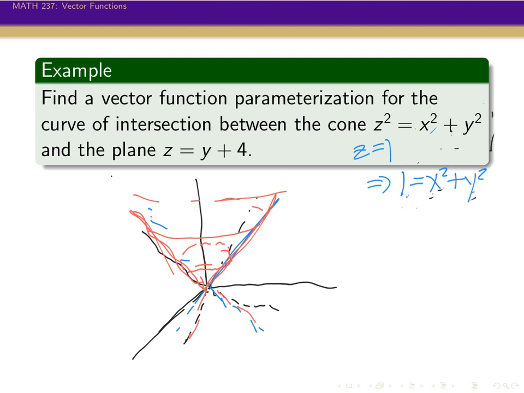Okay, so now for z equals y plus 4, that's drawing out on the yz plane a line. Goes from 4 to 4 like that. And so then this is going to cut through. On the yz plane, it's cutting through like that.